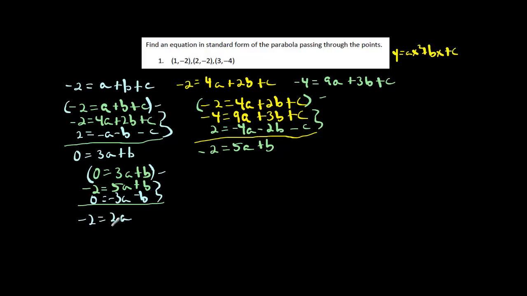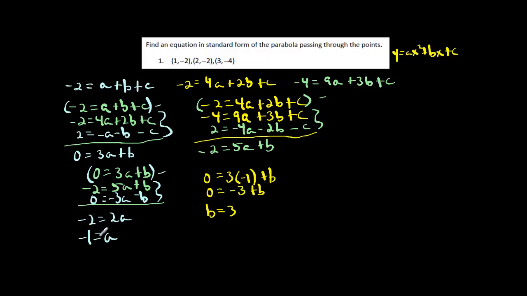B's cancel. Divide by 2. A is -1. Once we have a being -1, we can stick it in here or here and solve for b. Put it in here. So 0 equals 3 times -1 plus b. Add the 3 over. b is 3.